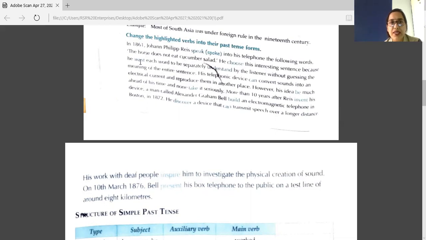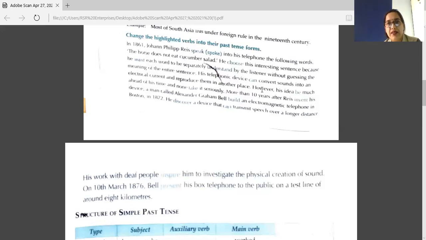So past tense of want is wanted. Each word to be separately understood. Past tense of understand is understood by the listener without guessing the meaning of the entire sentence. His telephone device can. Now past tense of can is could. Convert sounds into an electrical current and reproduce them in another place.